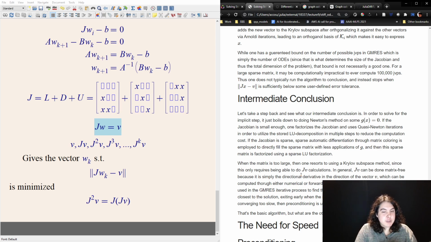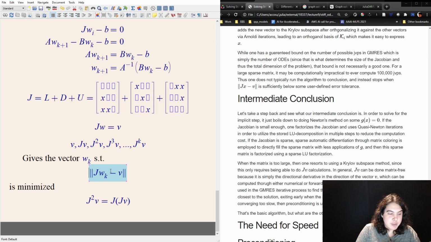Which one is better or worse? Well, it depends on the rate of convergence of this, right? Remember that when we have a big sparse Jacobian, the number of colors in that graph tells you how many function calculations it will take to be able to build that large sparse Jacobian.